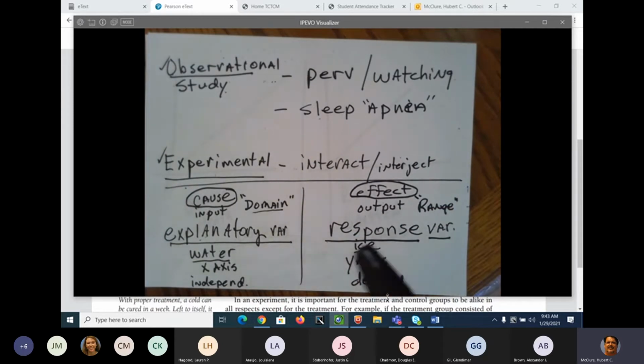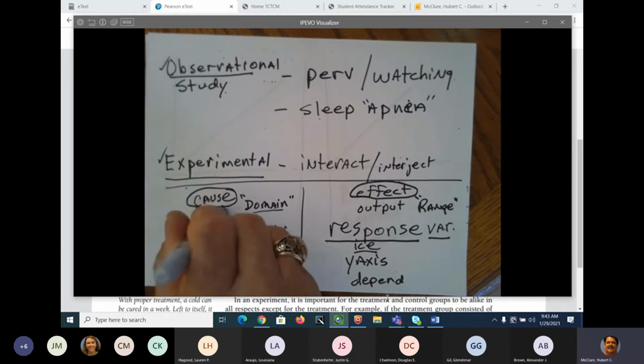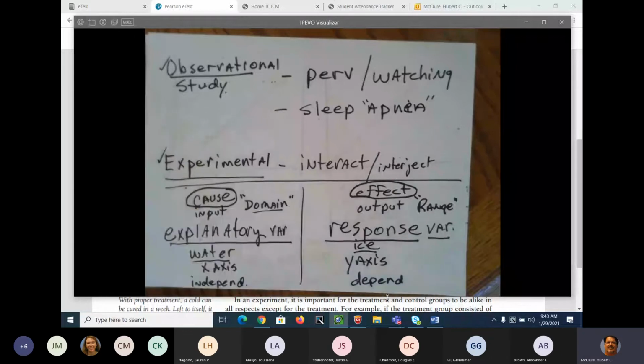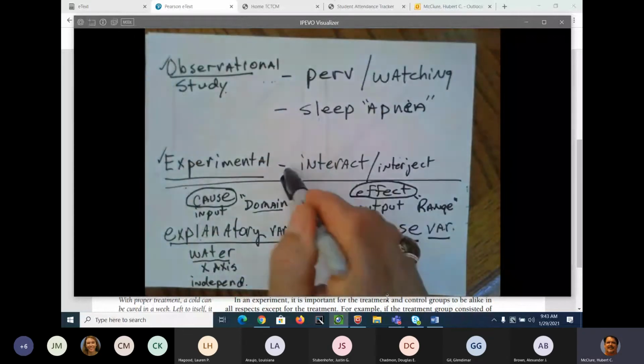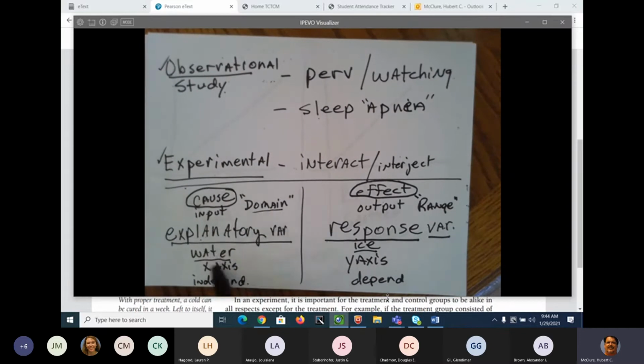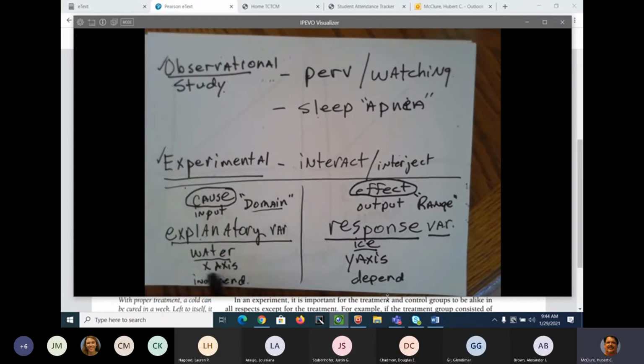Well, what would the cause be for that traffic to be high? Well, it's changing shifts. So the change in shifts causes the high traffic. All right. Whether it's observational or experimental, you've got to understand mathematically and statistically what these are called.